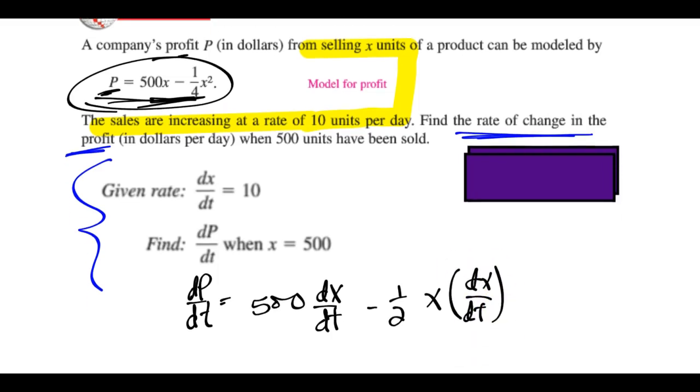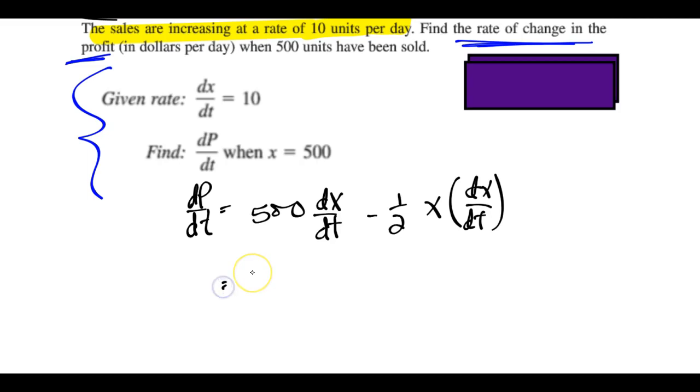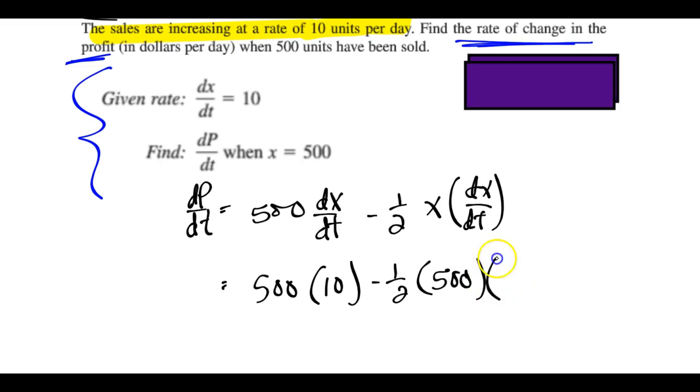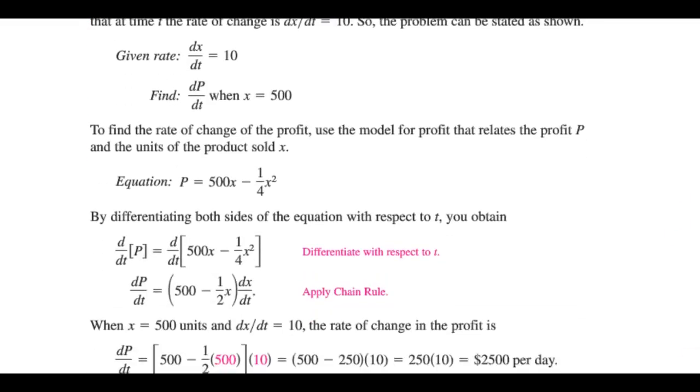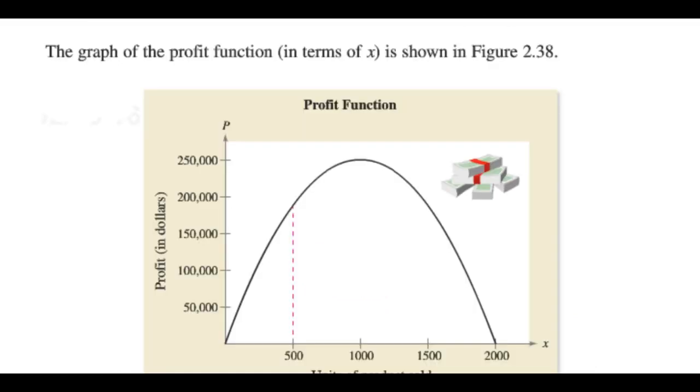Then I'll plug in as much information as possible from the given. dx/dt was given as 10 when x is 500, and I have another dx/dt. Then I'll solve for this and get the rate at which the profit is changing. There it is, $2,500 per day.